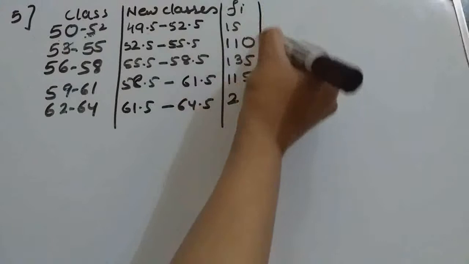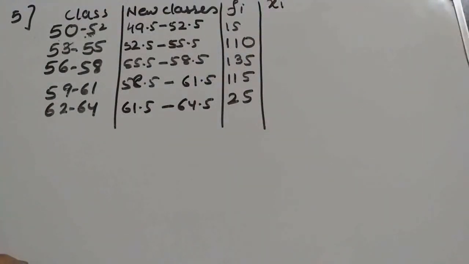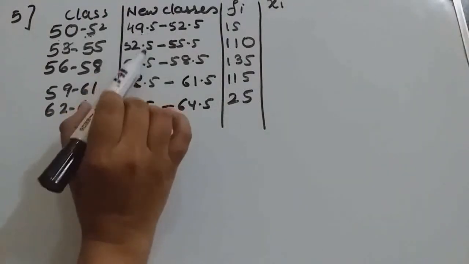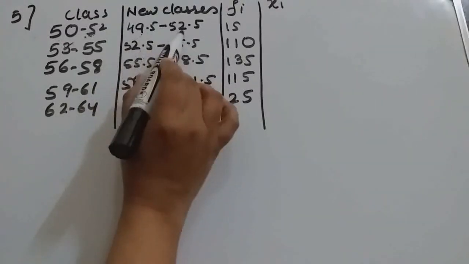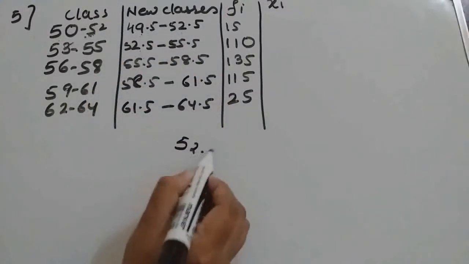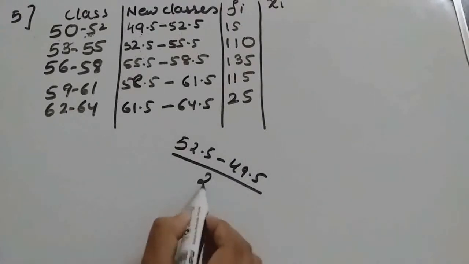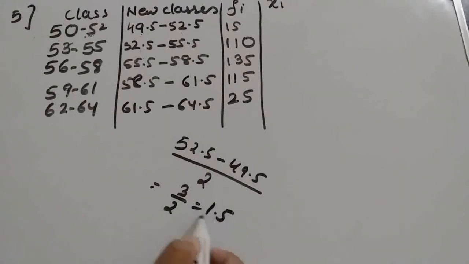So what we should do, we'll find Xi, that is class mark. So to find class mark from these classes, what we can write here? See, 52.5 minus 49.5 divide by 2. So difference is 3. 3 by 2 means 1.5.